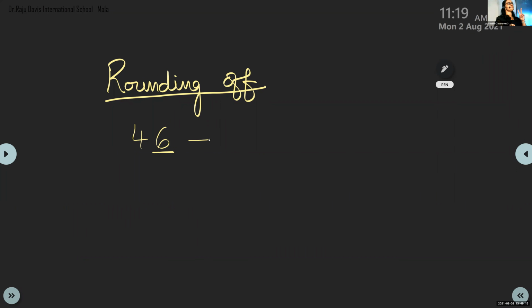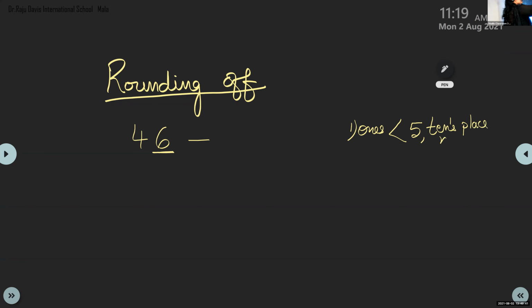There are two rules to follow for rounding of the numbers. What is the first rule? We have to first check the ones place. Just underline the ones place and check. If the ones place is less than 5, no need of changing the tens place.